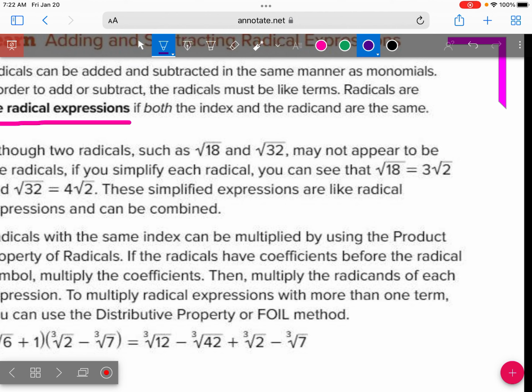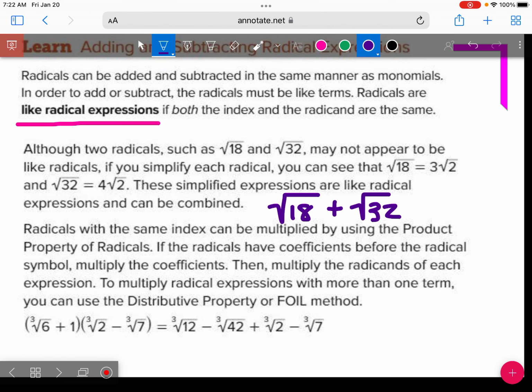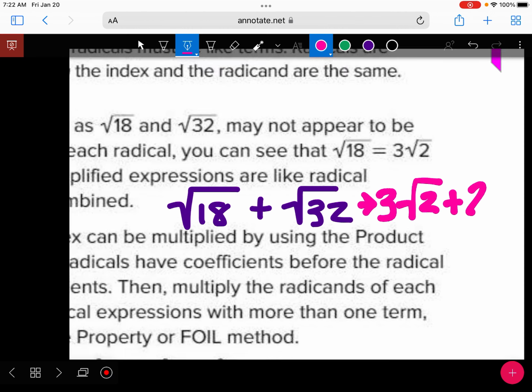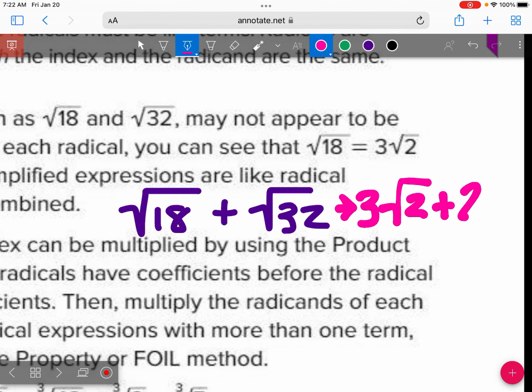So if we did square root of 18 plus square root of 32, this is the same thing as 3 square root of 2 plus, no, not 2, what was it, 4 square root of 2.